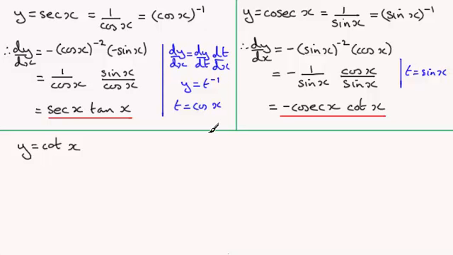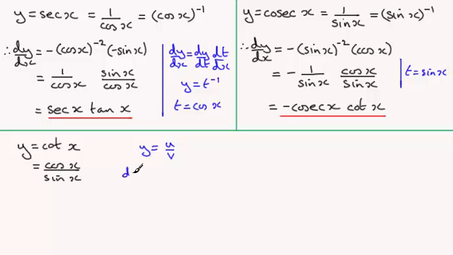Now in the last one we've got y equals cot x, and this is handled differently to what we've done up here. This is the same as cos x over sine x, and because we've got two functions of x here, we need to use the quotient rule. As a brief reminder, remember if you've got y equals u over v, where u and v are functions of x, in this example u would be cos x, v would be sine x.